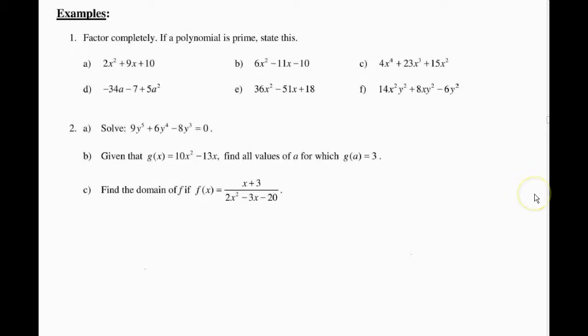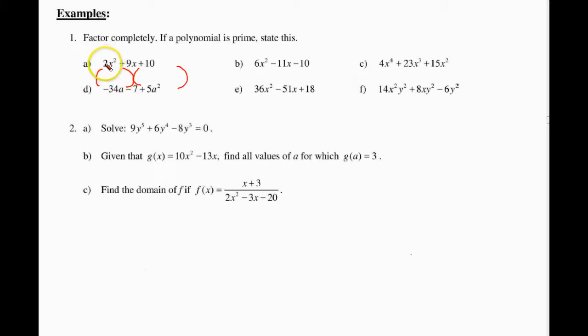Again, some of these might still be prime, but much of what we learned applies. We have to look to see if it's in standard form, and it is. Is there any common factor? No. So again, we put two sets of parentheses.